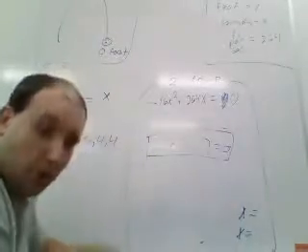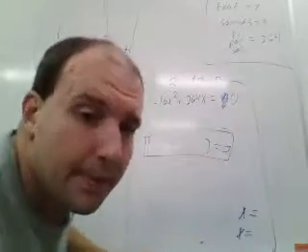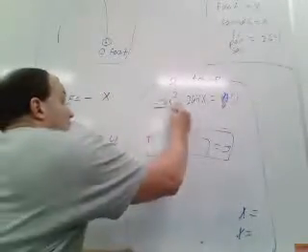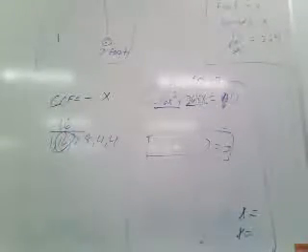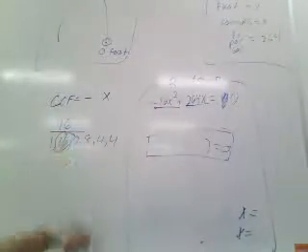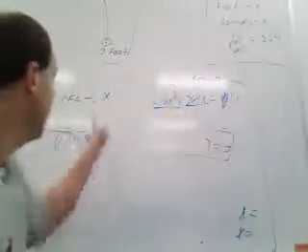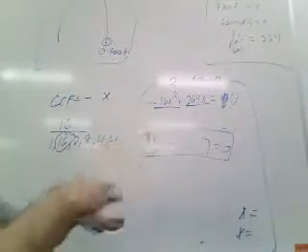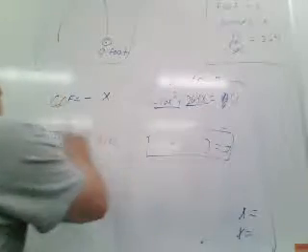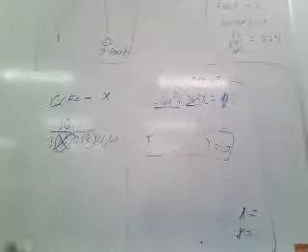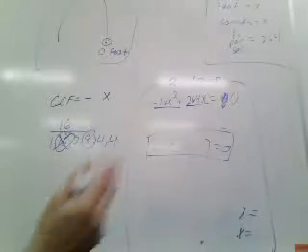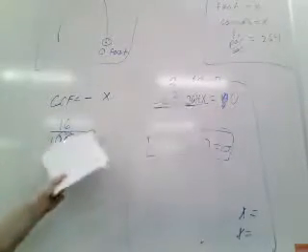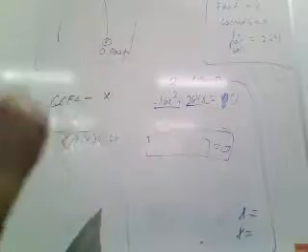Give myself some more room, okay? So 16, okay? 16 divided by 16 is 1, but 264 divided by 16 doesn't work, okay? Let's try 8, okay? 16 divided by 8 is 2. 264 divided by 8 is 33.